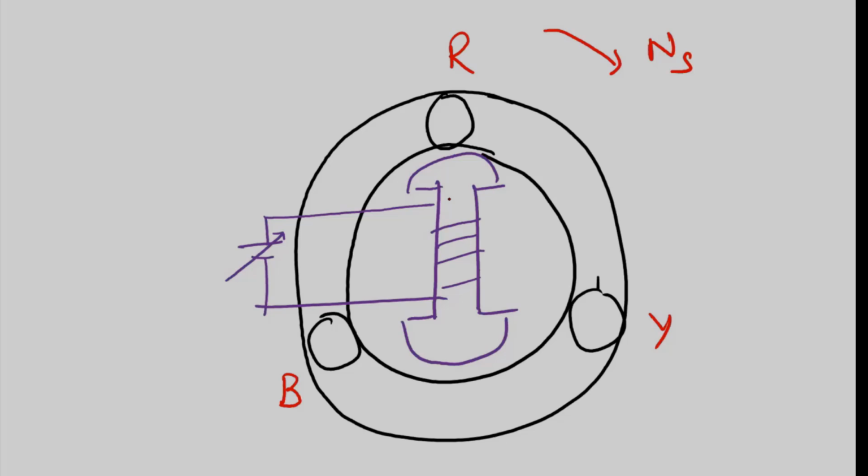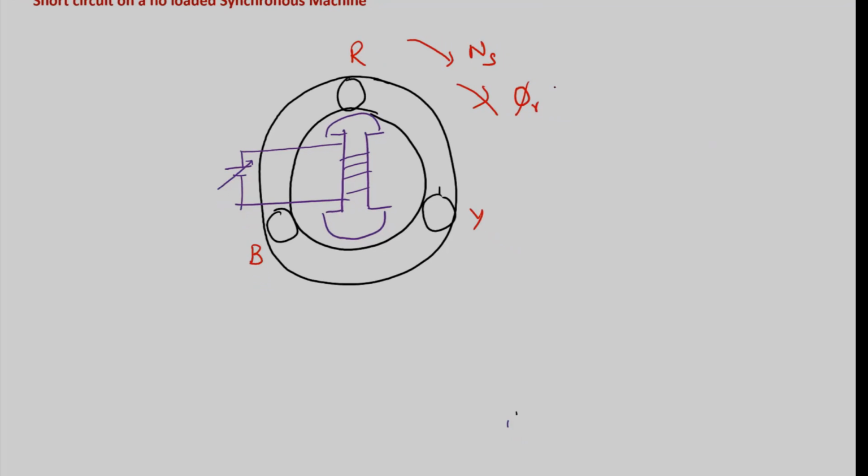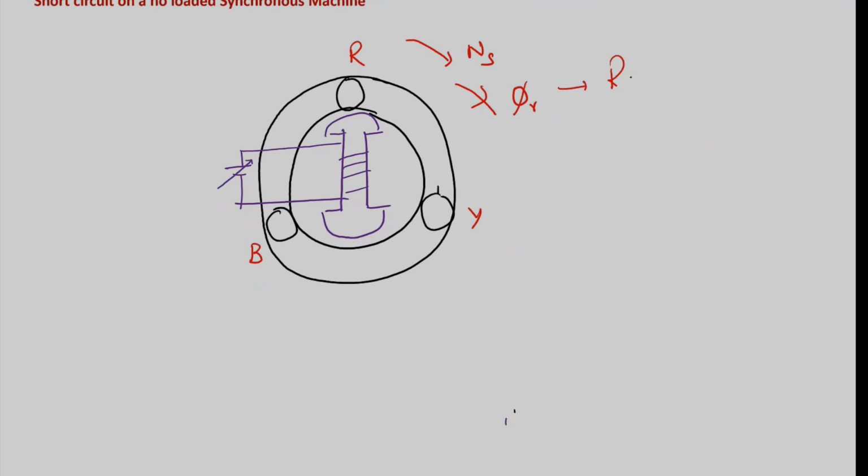However, when you rotate this rotor at synchronous speed in the clockwise direction, this constant flux produced by the DC current flowing through the rotor winding also rotates at the synchronous speed in the clockwise direction. Let us call this flux the rotor flux, psi R. This is the rotor or main field flux.